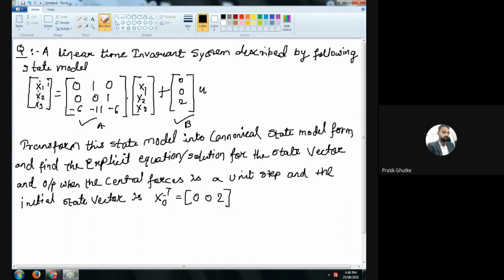We have to transform this state model into canonical state model form, and then find the explicit solution for the state vector and also the output when the control force is a unit step, with the initial state vector x0 transpose that is 0, 0, 2. This is a very important, typical question which has been asked many times in the university. Moving forward with the solution part.